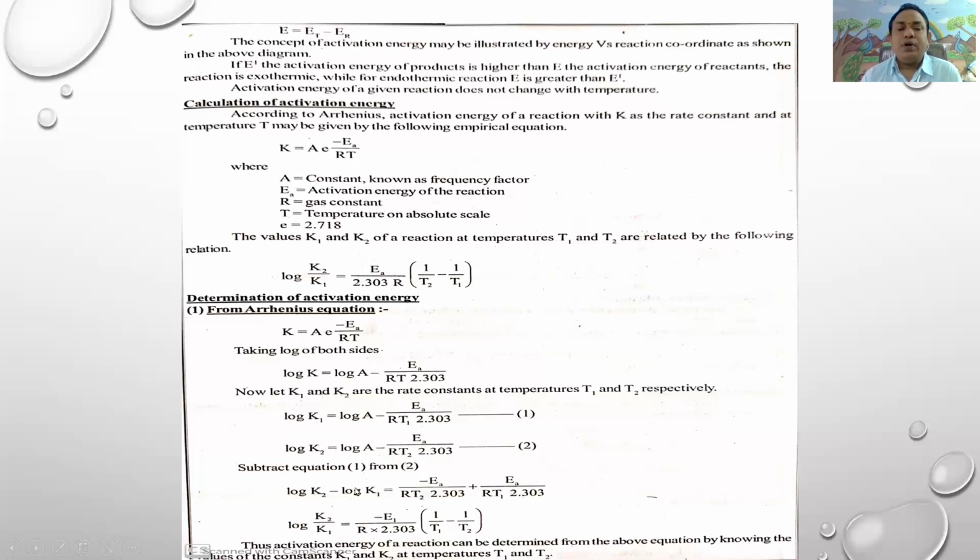Subtract equation 1 from 2, we will get log K2 minus log K1 equal to minus EA by 2.303 RT2 plus EA by 2.303 RT1, or log K2 by K1 equal to EA by 2.303 R into 1 by T1 minus 1 by T2, or that can be written as log K2 by K1 equal to EA by 2.303 R into T2 minus T1 by T2.